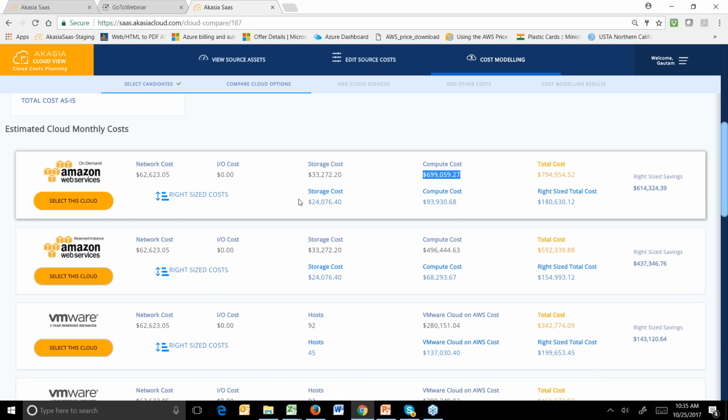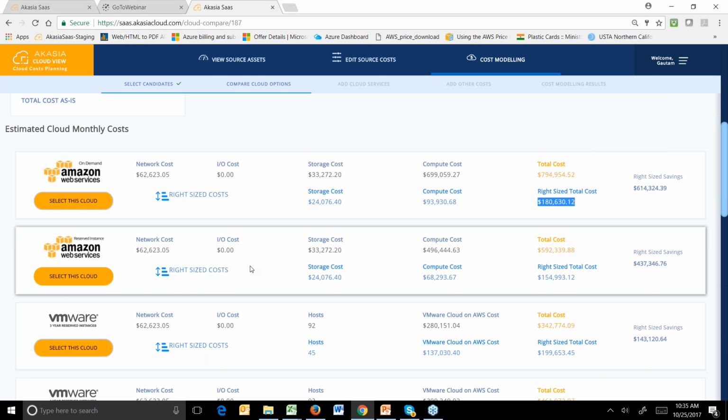And if you were to accept our right-size recommendations, then the cost of your storage would shrink down from $33K to $24K, and the compute cost would be about $93K in the case of Amazon On Demand. So your total cost would be about $180K versus $250K per month in this area.